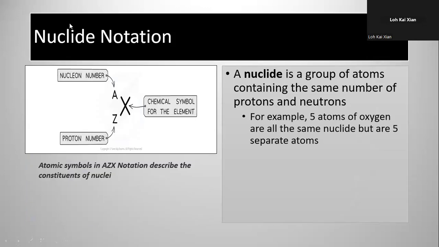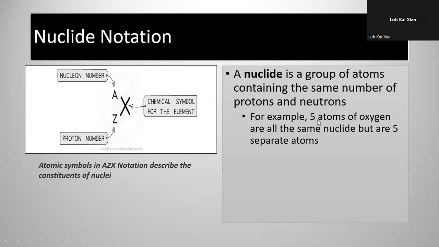Right? We introduce a nuclide notation. A nuclide is a group of atoms containing the same number of proton and neutron. Right? So we have atom, we have element. In 5 minutes time, I will stop.